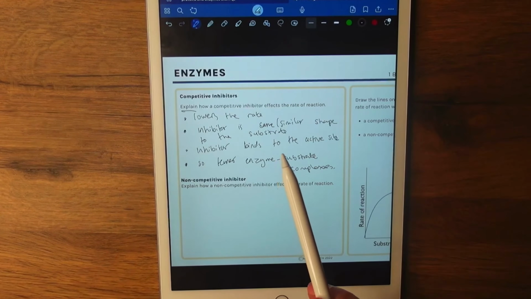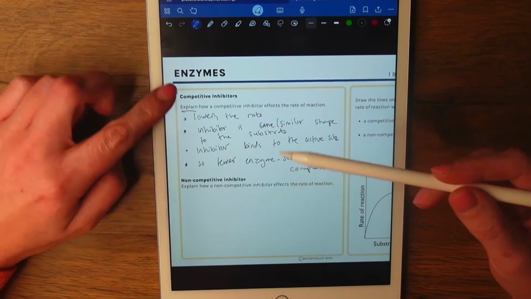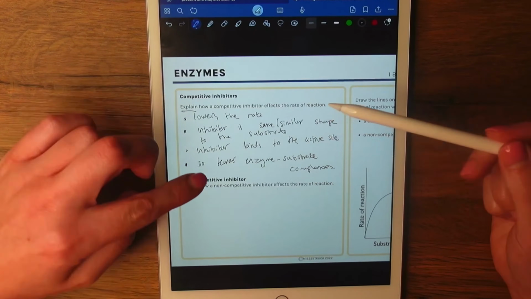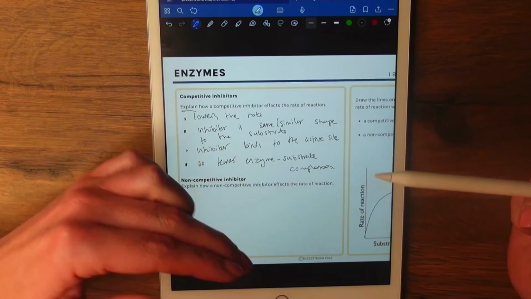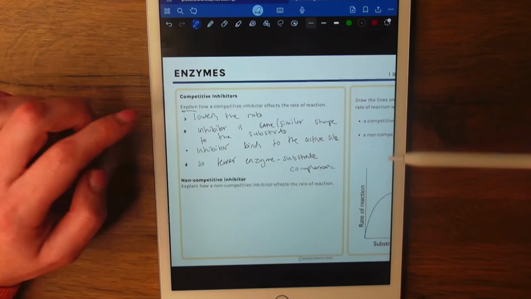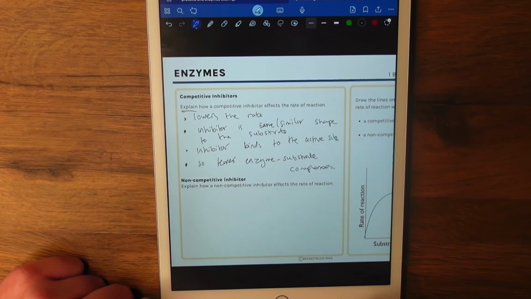Now, if you do add in enough of these substrates, this is why it's called a competitive inhibitor, it will compete with the inhibitor for the active site. So if you add in enough substrate, it outcompetes the inhibitor, can bind to the active site, and then the rate returns to normal. But that's where it's different from the non-competitive inhibitor.